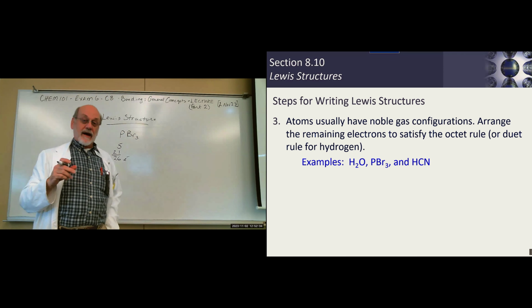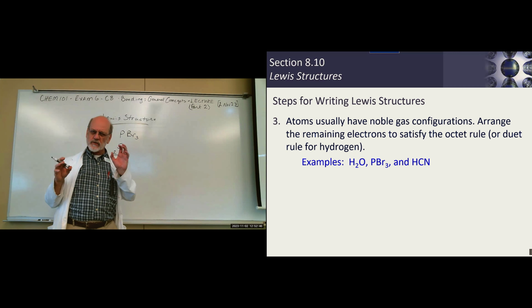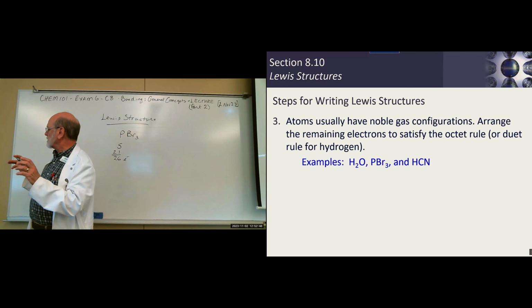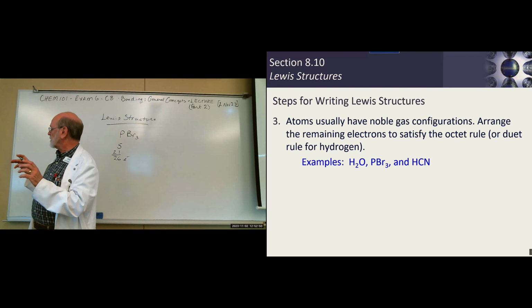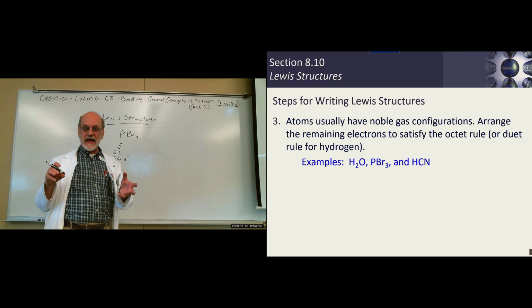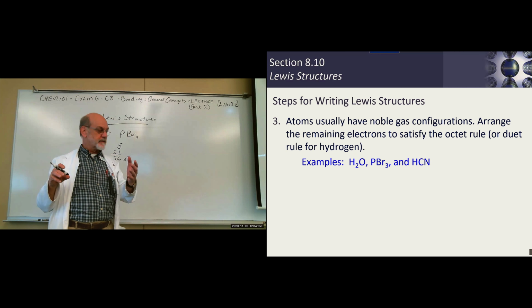Now, this was fairly simple to decide which one is the central atom, which would be phosphorus. But usually, if you have a question about which one, the least electronegative would be your central atom. So you look to the left, right?